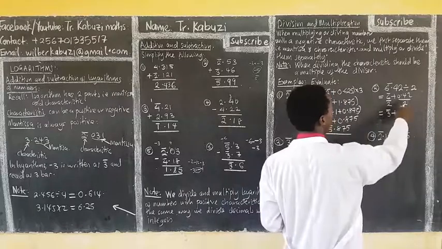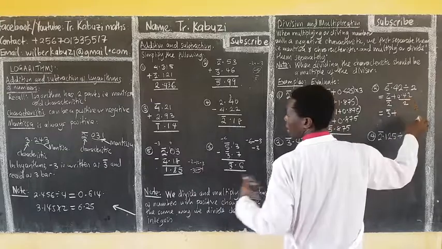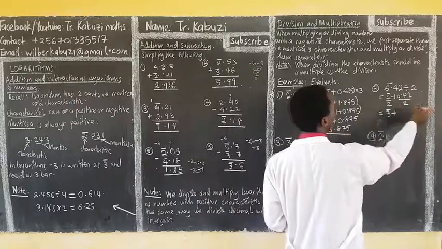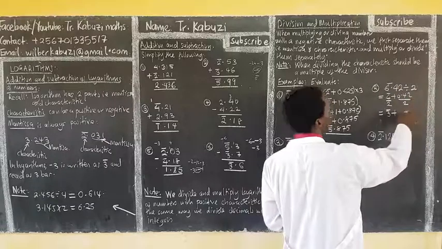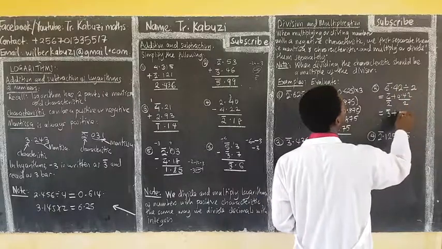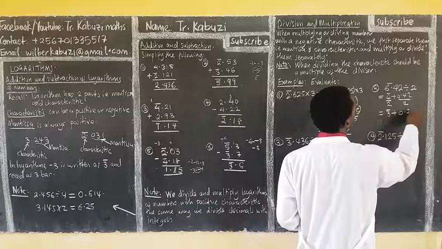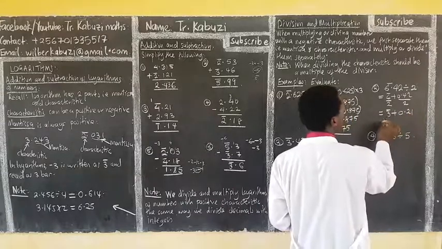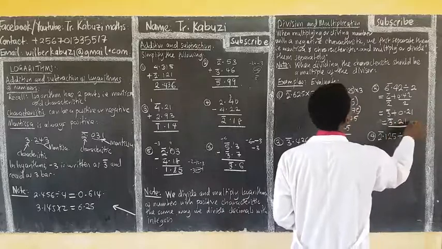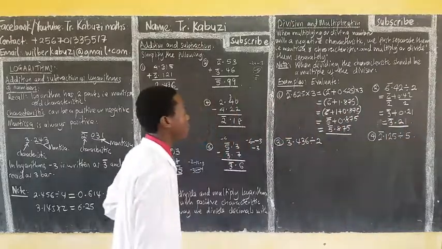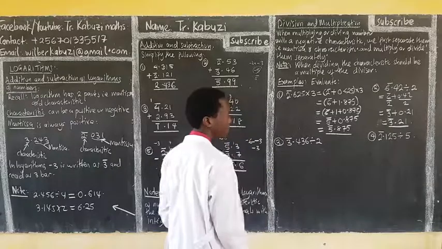This one will divide normally because we said there, whenever the characteristic is 0 or positive, you divide it normally. This is 0.21. Now we add this to this, we shall have 3 bar 0.21, and that will be the answer. When now I come to this, I separate.